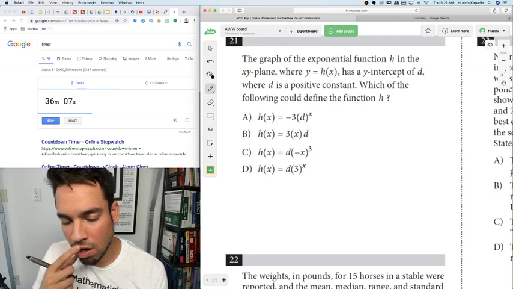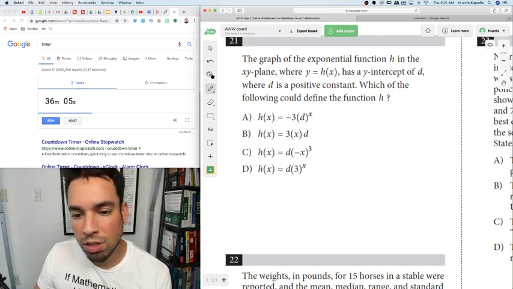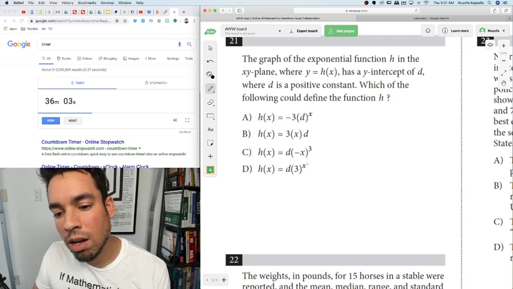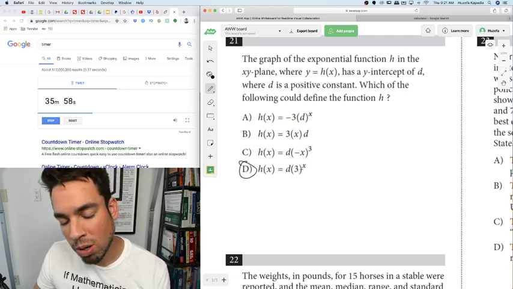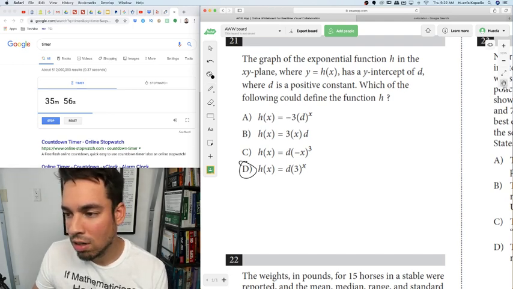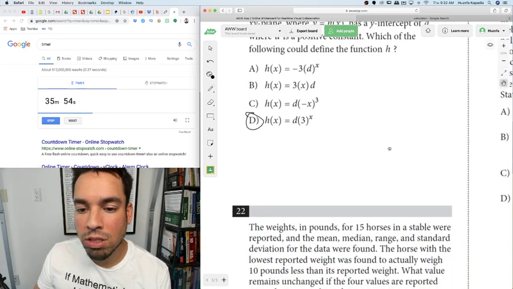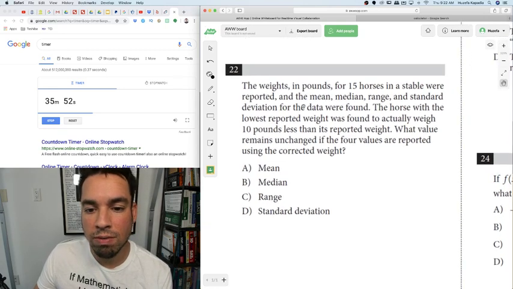Oh, I get it. So when x equals 0, this thing should be d. It's this one. Because if I plug in 0 for x, it's 3 to the 0th power, which is 1 times d, which is just d. And so that's the y-intercept. Yeah, it's always the y-intercept is that front value.